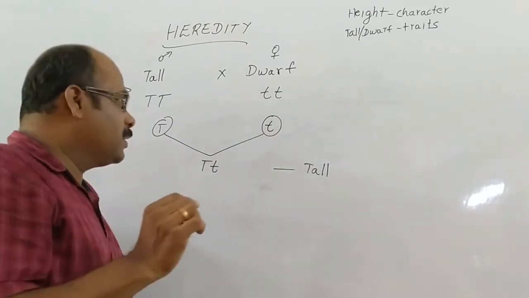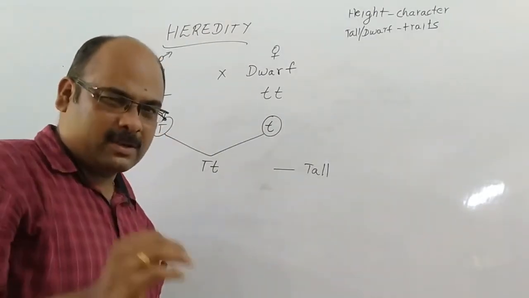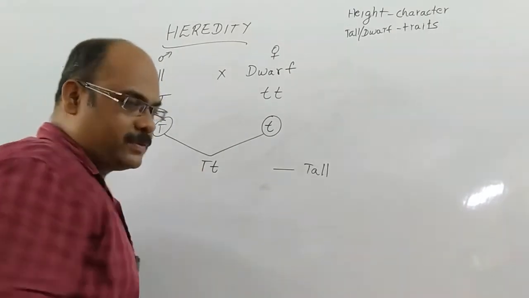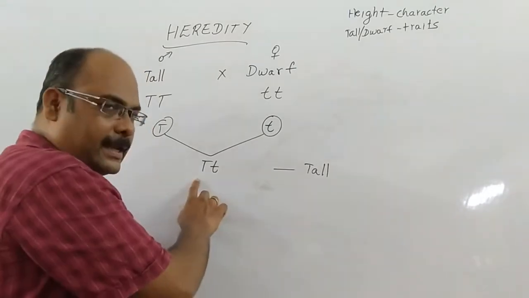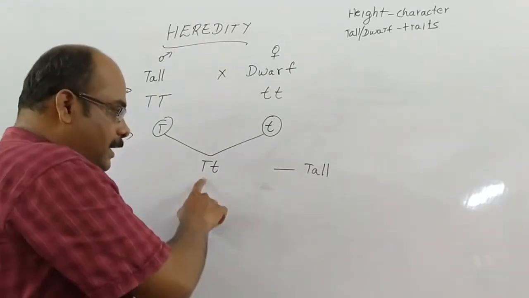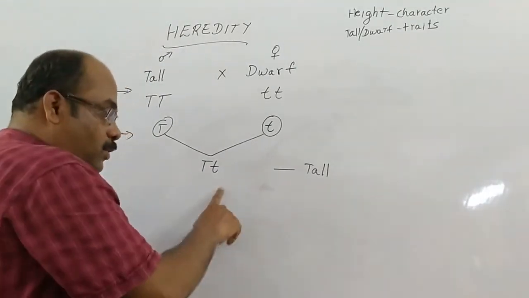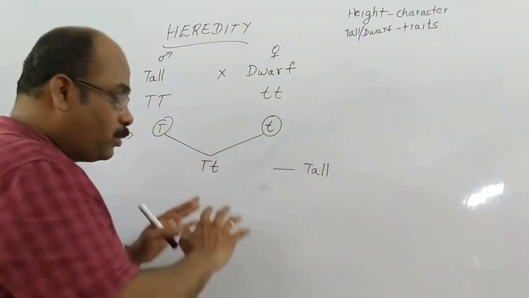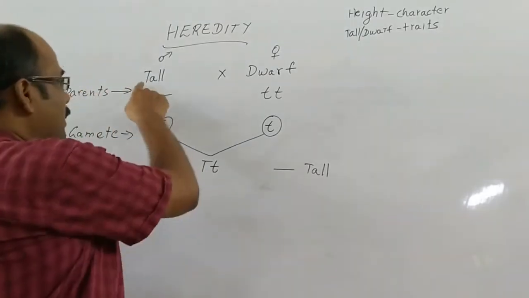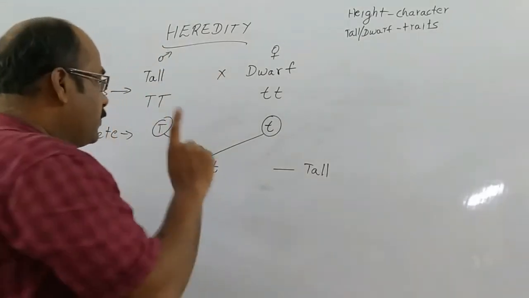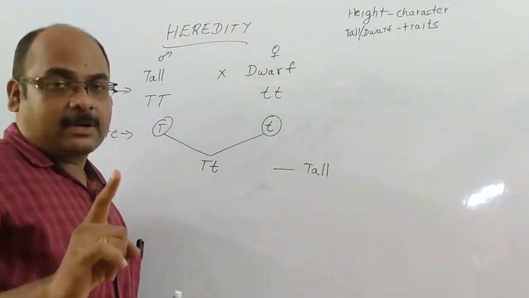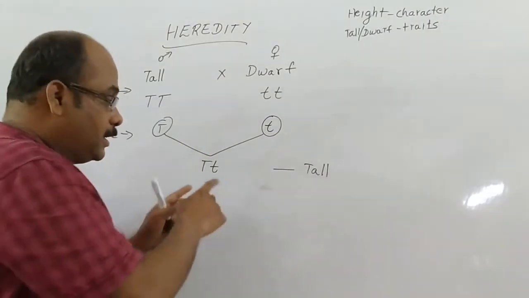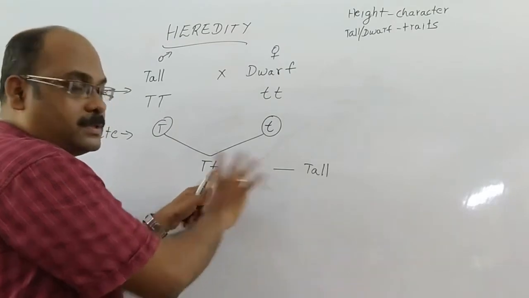But here we can use one more technical word instead of gene. It is allele, a technical word for one of a pair of genes. So capital T is one allele, small t is another allele. Capital T is the dominant allele and small t is the recessive allele. Now, which letter do we take, T or D? Always take the first letter of the dominant trait. From these genes it is understood that tall is dominant and dwarf is recessive.